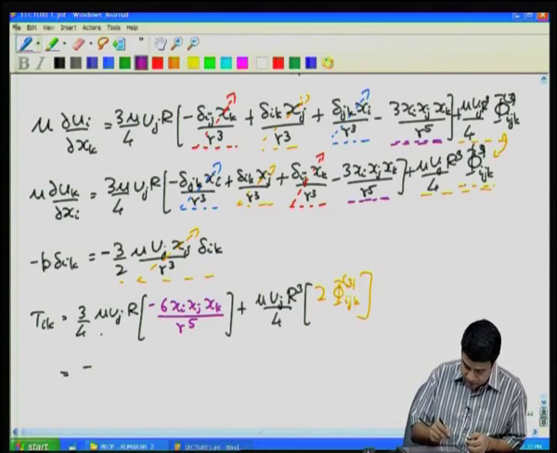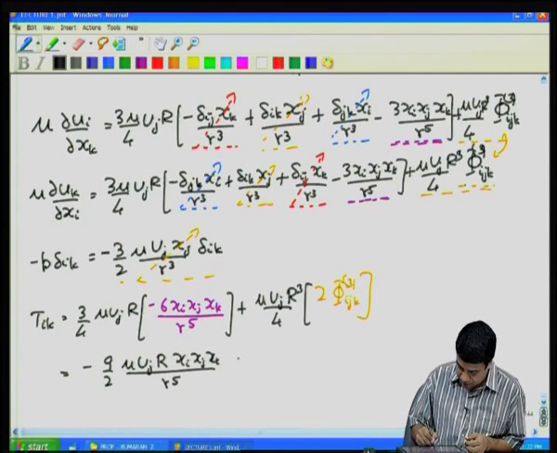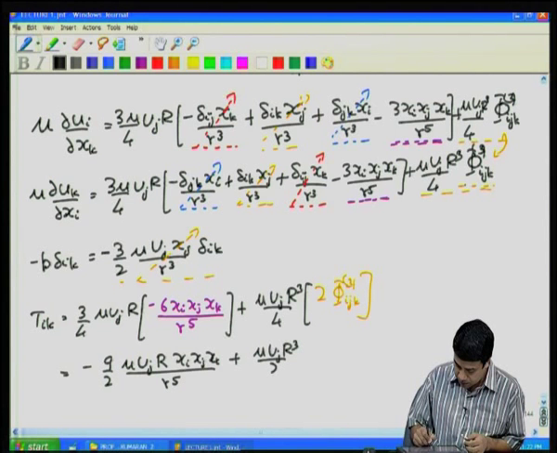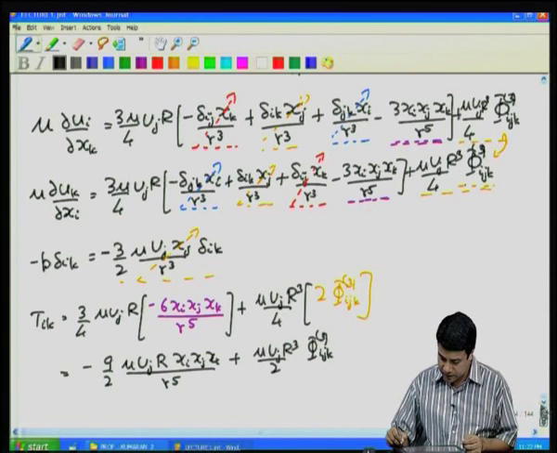So, I get minus 9 by 2 mu u j r x i, x j, x k by r power 5 plus mu u j r cubed by 2 into phi 3 i j k. So, that is the final expression for my stress tensor.